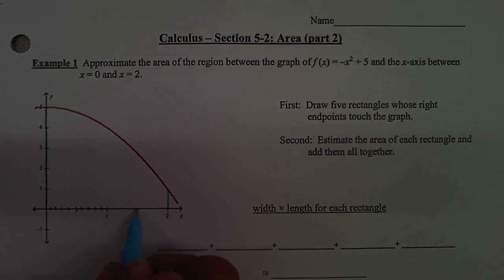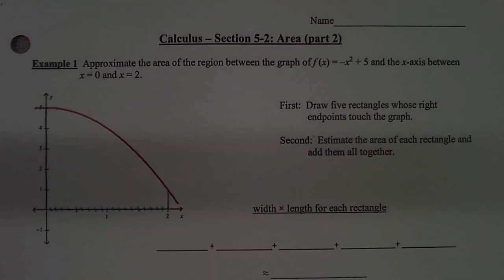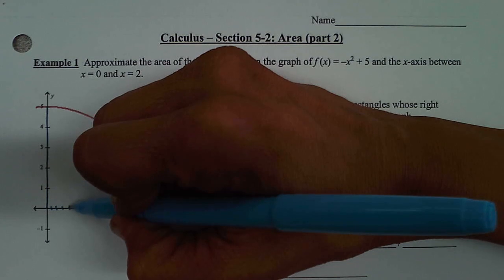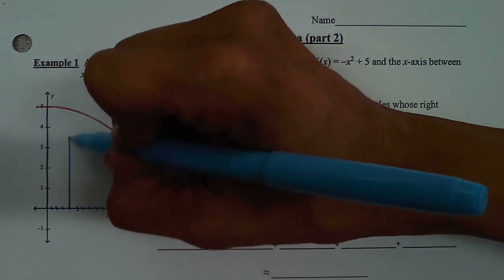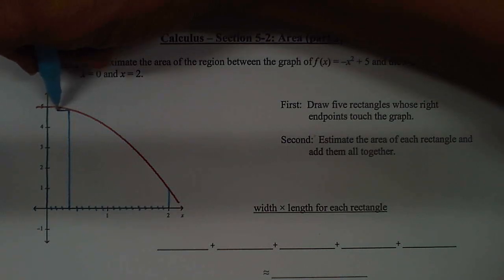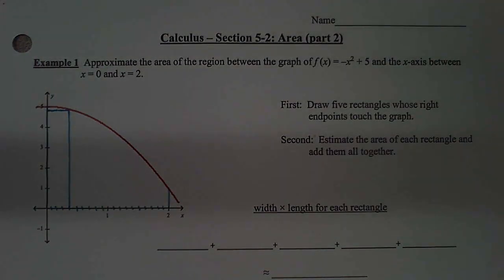So I'm going to do the same thing between 1 and 2. I'm going to divide it into tenths so that I can count out 4/10, which will be the same as 2/5. So my first rectangle here, I'm going to go out to 2/5 or 4 tick marks out, draw straight up until it hits the curve, and then close off the rectangle here.